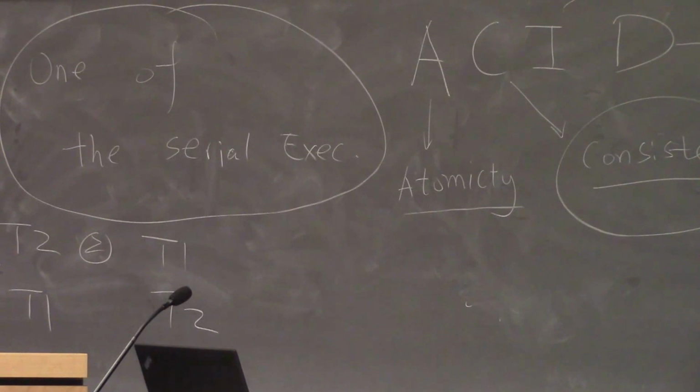Yes or no? If it was equivalent, then T1 should be returning the same thing for the select queries as one of those, which would be happening either before or after the insert. Well, the answer is no, right? The order I show on the board is not going to be equal to this. Why?